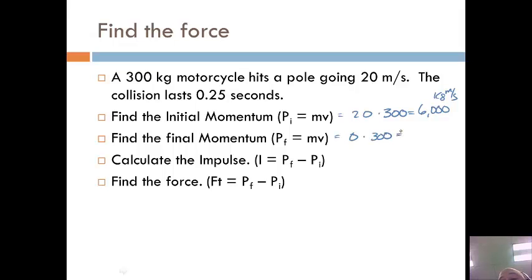I know it's a little bit morbid, but we're still going to say this person's hitting this tree. That gives us a speed of 0 kilogram meters per second. This impulse is found by taking 0 minus this 6,000, which gives us a negative 6,000 again.